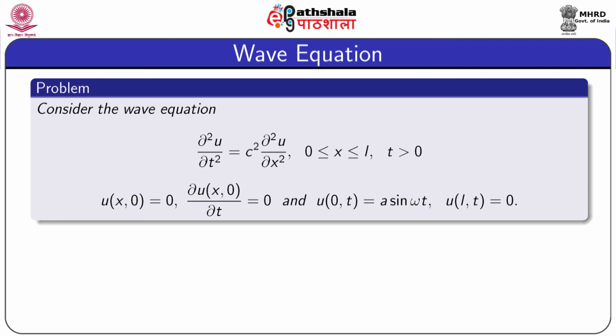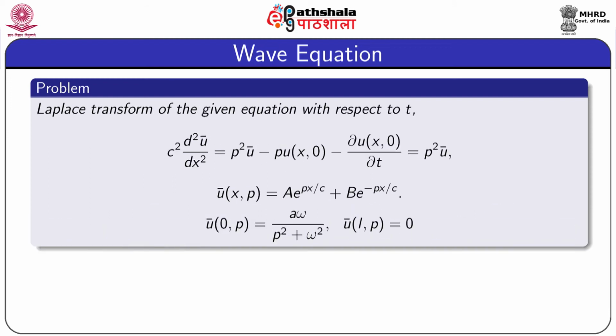If we apply the Laplace transform to these conditions, they become u bar at 0, p equals A omega by p square plus omega square and u bar at L, p equals 0. Now, we need to apply these two conditions to the general solution.